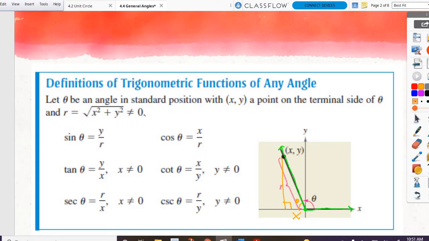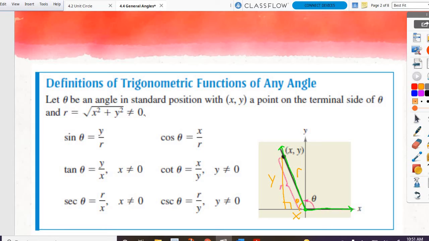So what would give me the length of that leg? Which one of these gives me up and down? Y. And then my hypotenuse would be R. That's going to be the length of this right here. Does that make sense? Yes?